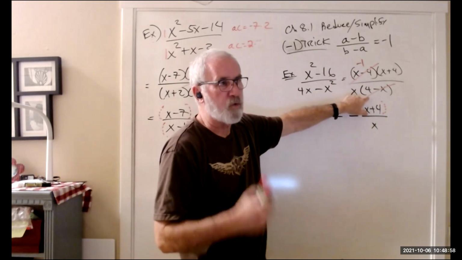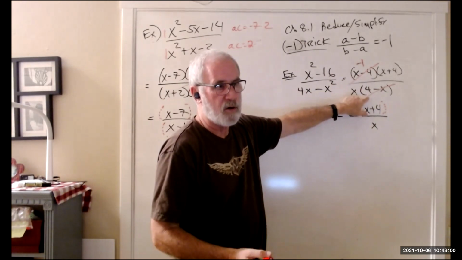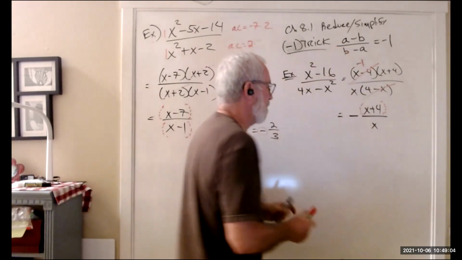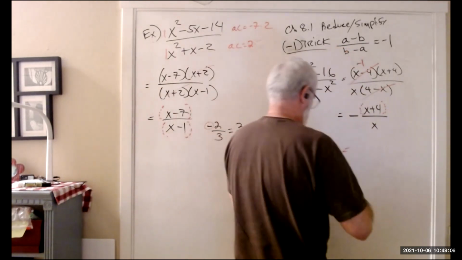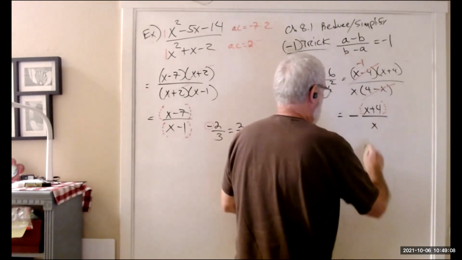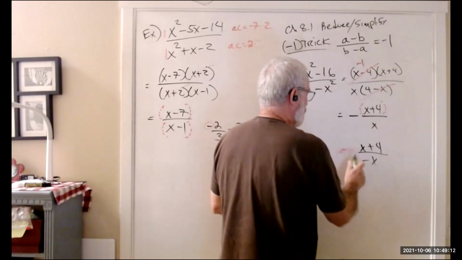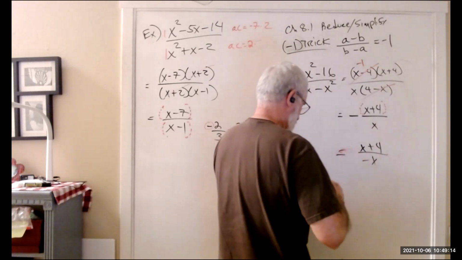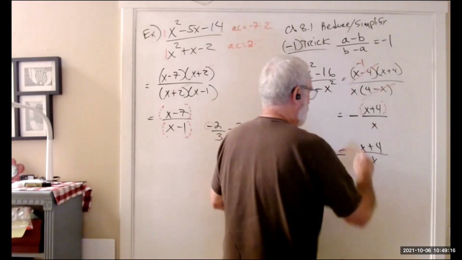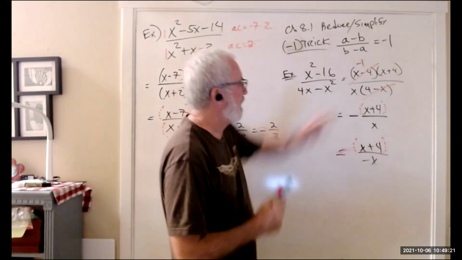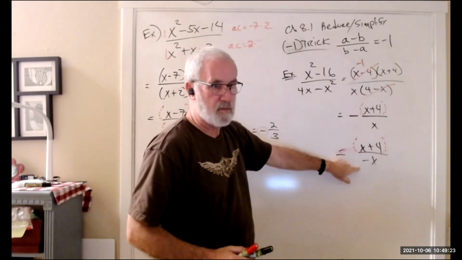The question is, where do you stick the -1? Do you leave it on top? Do you move it to the bottom? By the way, if you did this, you'd be just as correct. If you decided to put the -1 in the bottom, great.